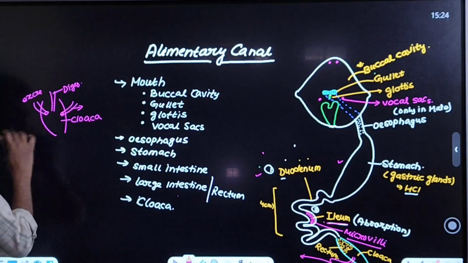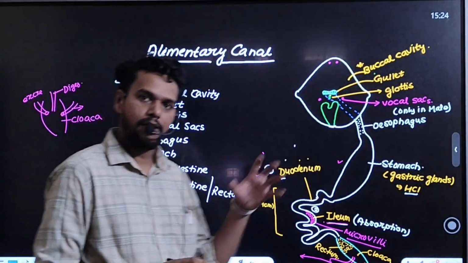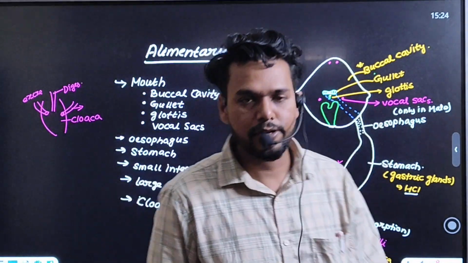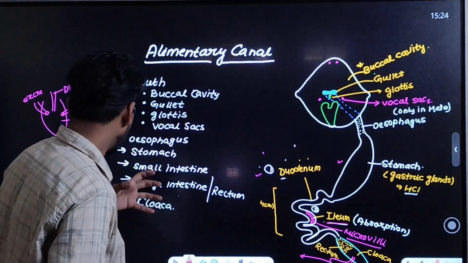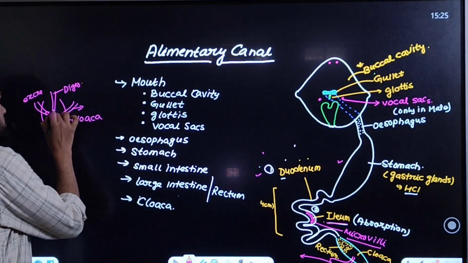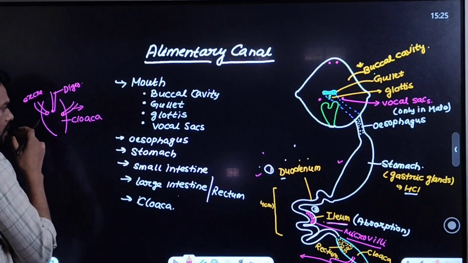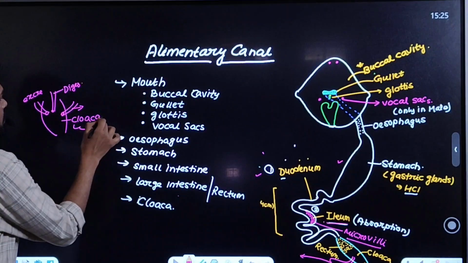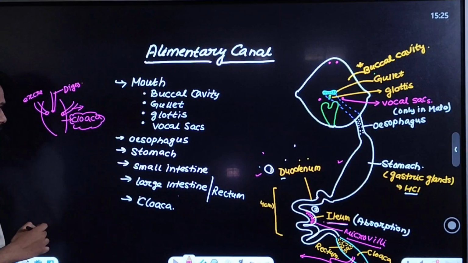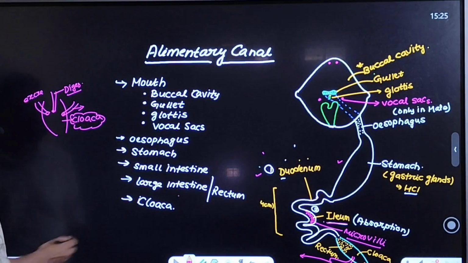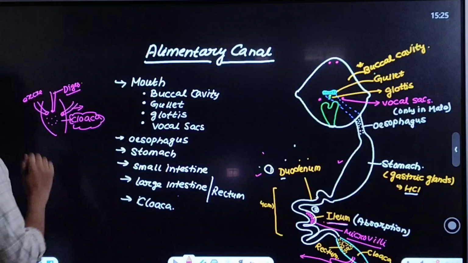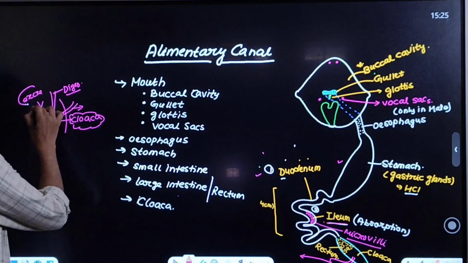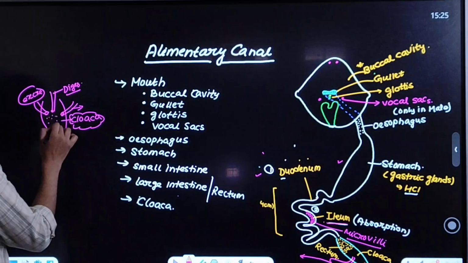So cloaca is a common chamber in frog where undigested food, its excretory waste and its reproductive functions combine. It is a common chamber where digestive waste or sperm in male or ova in female reaches, or excretory waste reaches.